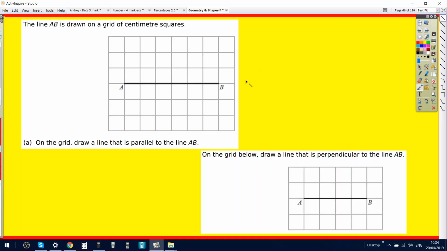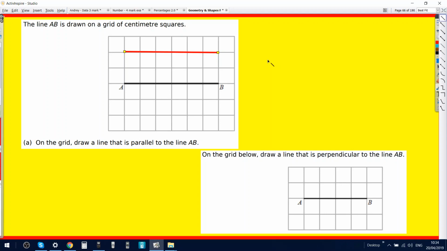Okay, how about this one on the left? Draw a line. Line AB's. So could you just draw a line above it? That's the same length. Yeah, and bottom right. That is perpendicular.